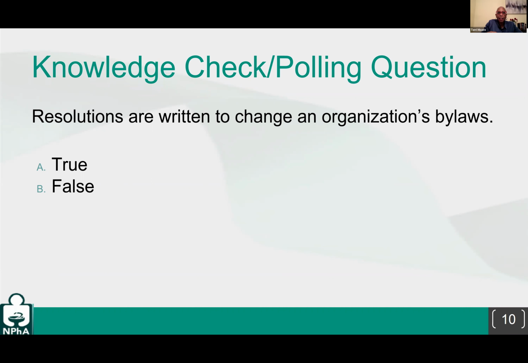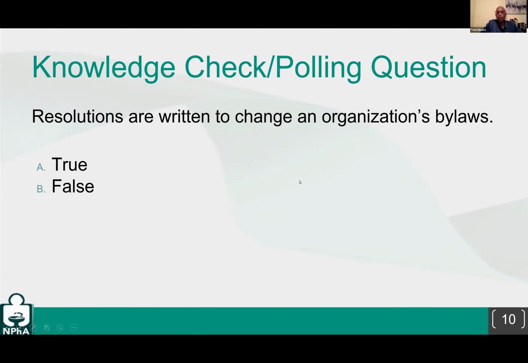Before you leave that slide, you're all correct that this is false. What is done to change an organization's bylaws? Can anyone guess what that is? What would you call that? Yes, I see, it's an amendment.